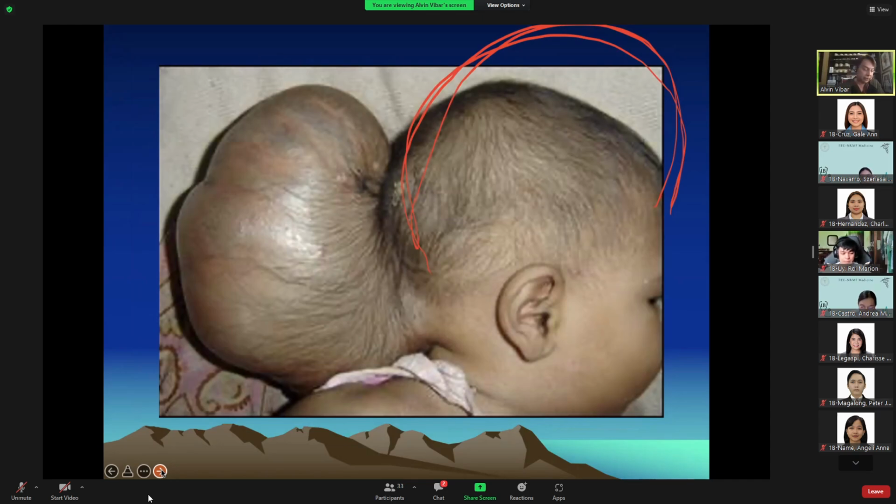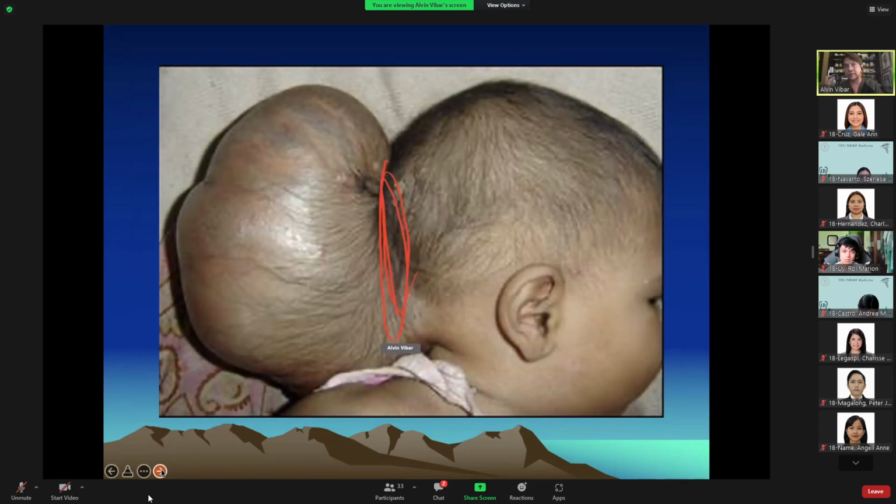The problem in hydrocephalus is obstruction of the flow or excessive production of CSF, but the end result is that you have a lot of CSF, so the head enlarges. But here, the problem is this part. There is a hole.